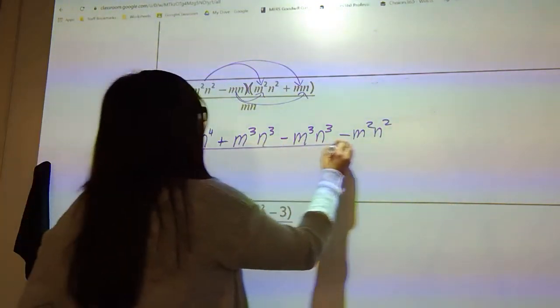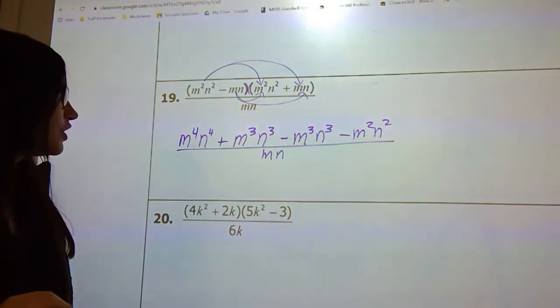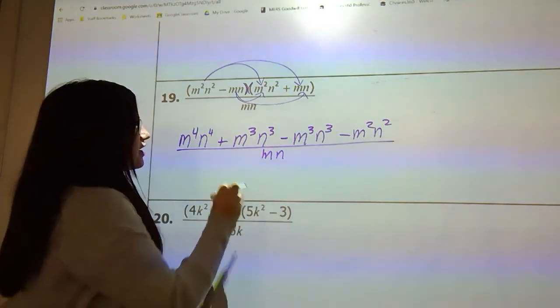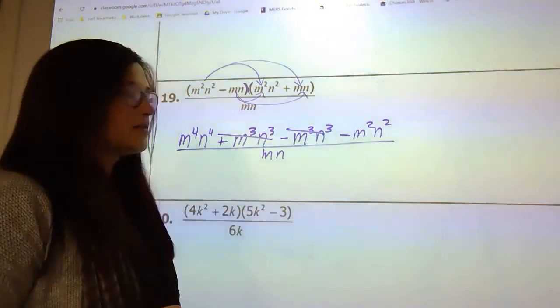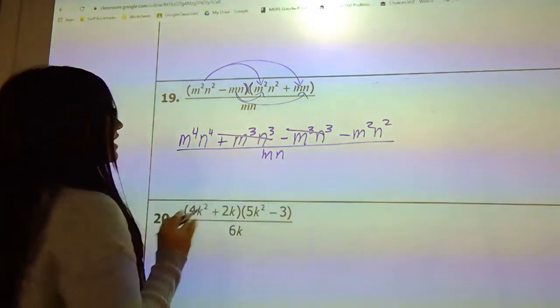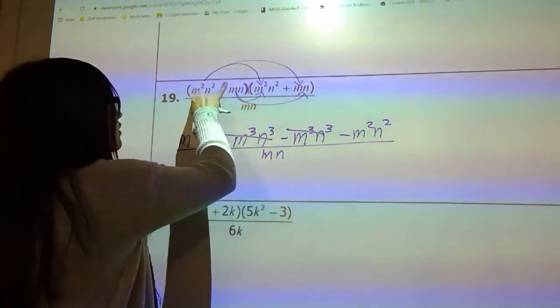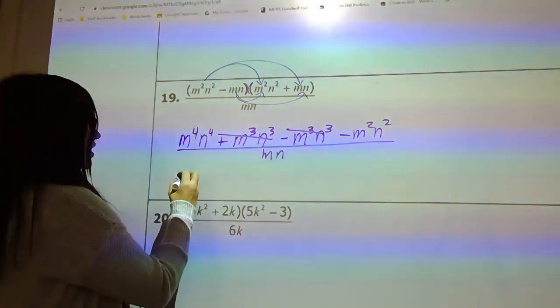Okay, all over mn. Now we're not totally simplified on top because we have like terms, but what's nice is that those terms go away, right? The m to the 3rd, n to the 3rd terms. If you notice up here, we have those conjugates that we were talking about. So let's go ahead and split this up.